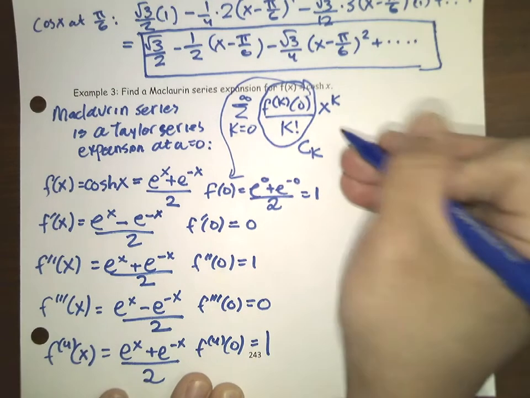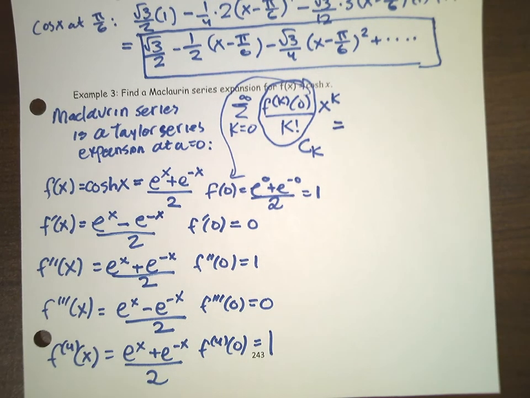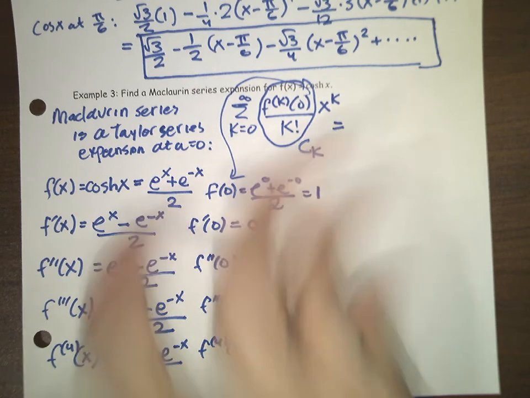So then if I go ahead and write out this series expansion, we'll start with k equals 0 here. Let me get a different color pen just to make this a little more distinct from what I just wrote.